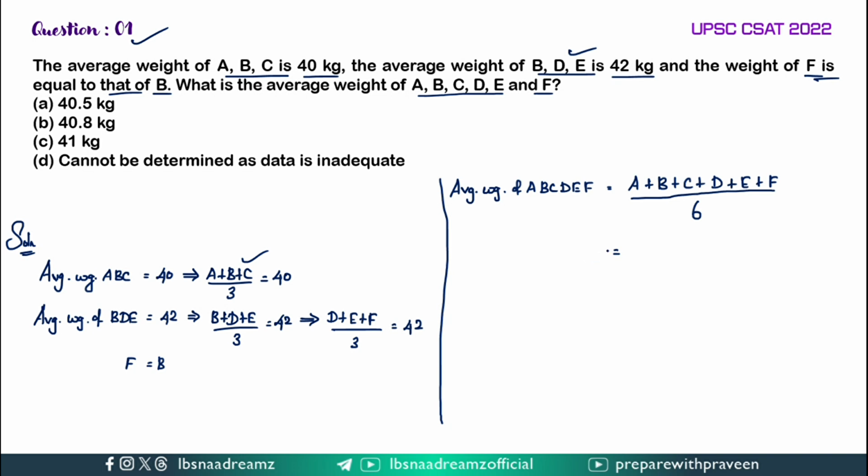To find the average weight, first we should know the total weight of A plus B plus C. To know the total weight of ABC, we can simply cross multiply this. So the total weight of ABC is 120 plus DEF, total weight of DEF, again you have to cross multiply 42 into 3. You will get 126 divided by 6. Adding 120 and 126, you will get 246 divided by 6.